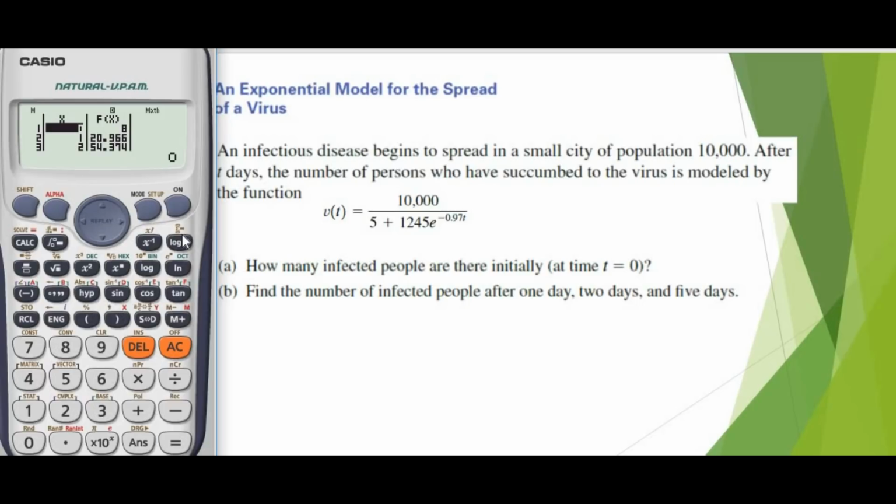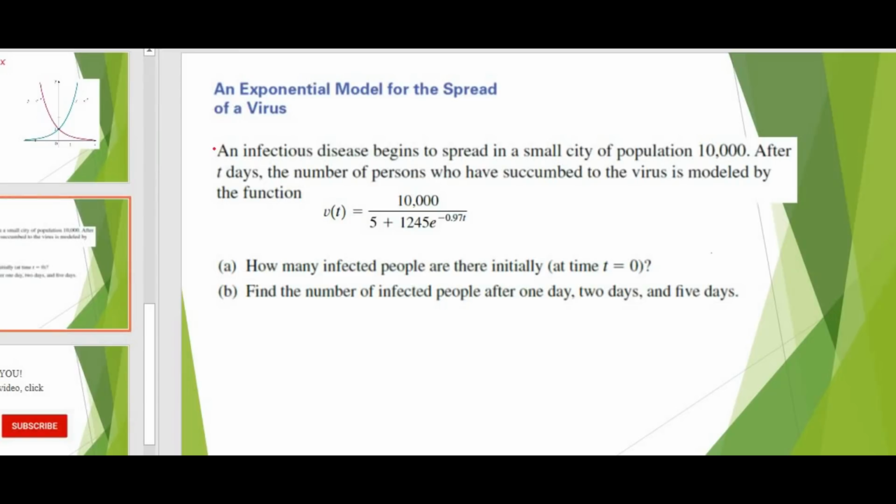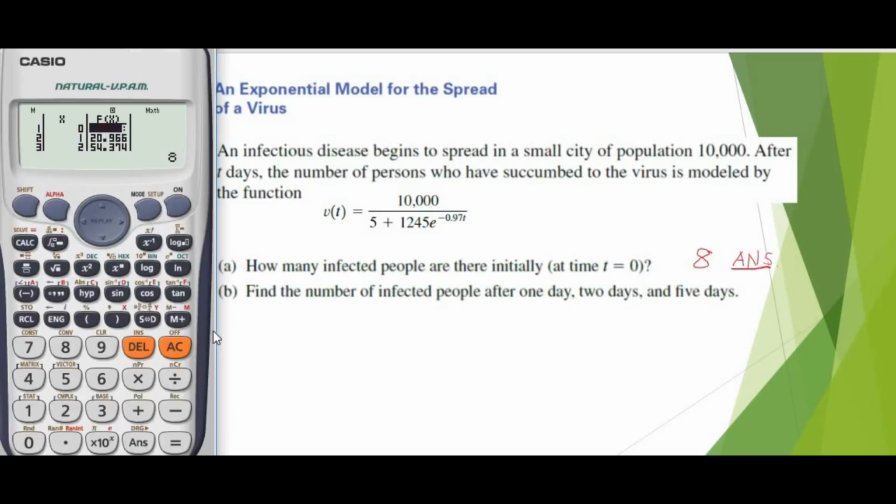Okay, so we have these corresponding values. So how many infected people are there initially at time t equals 0? Our answer here would be, based on the result, 8. Okay, this is our answer for letter A. Next, find the number of infected people after 1 day, 2 days, and 5 days.